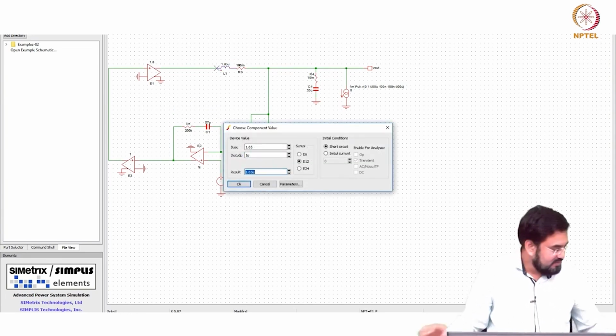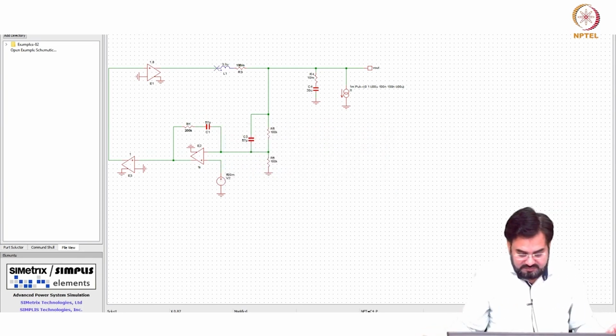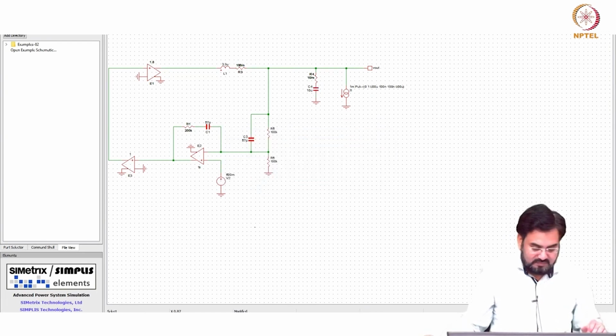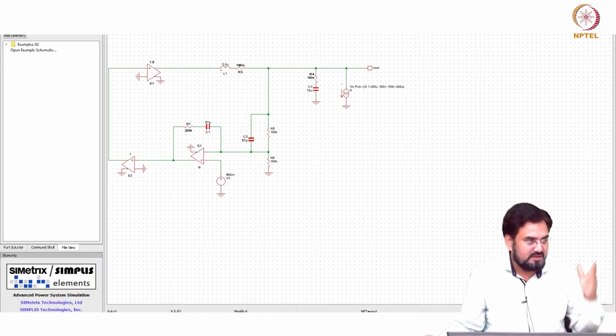I will change the value to 3.3 micro. So what I am giving? I am giving a load, switching load here. So it should settle. So you will see undershoot and overshoot based on whether your load is getting removed or applied.